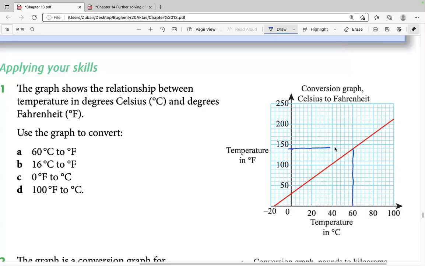So what value does this represent? 140. Very good, 140. So we know that one box on the left-hand side or y-axis is actually 10, and one box on the x-axis is 4 units. Next, 16 degrees to Fahrenheit.